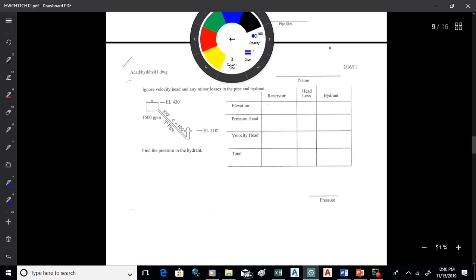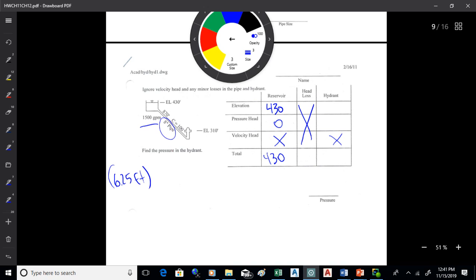So for instance, on this one, you got 430 for the elevation of the reservoir, no pressure head. We're going to ignore velocity head. That's gone. We're going to get a total energy of 430. Then you're going to look at the head loss: 1,500 gallons per minute, 8-inch pipe. That's 6.25 feet per 100 feet for that condition. You can get that off the table.